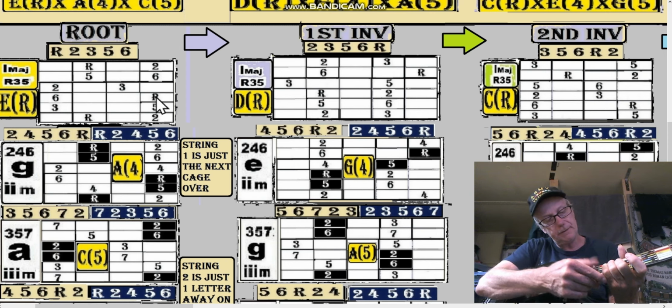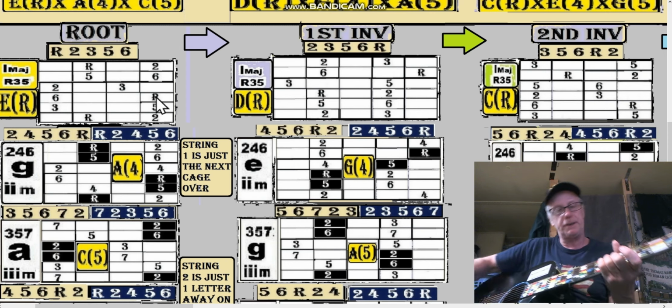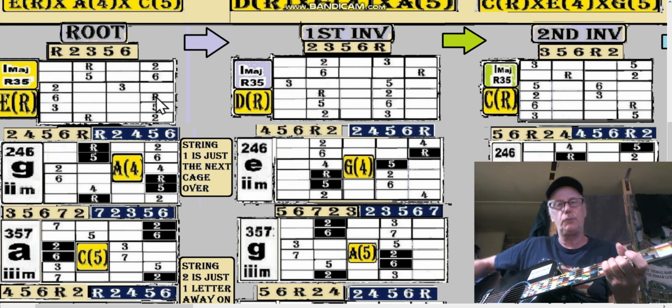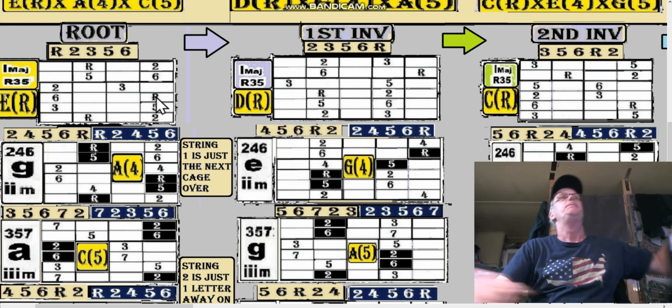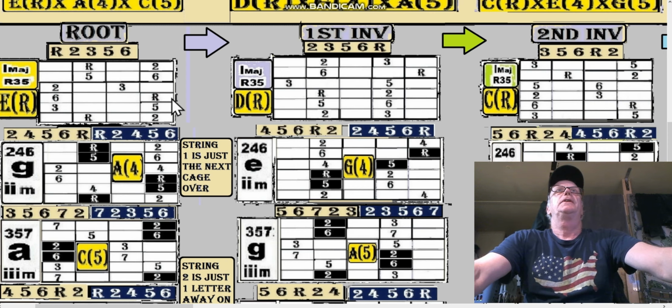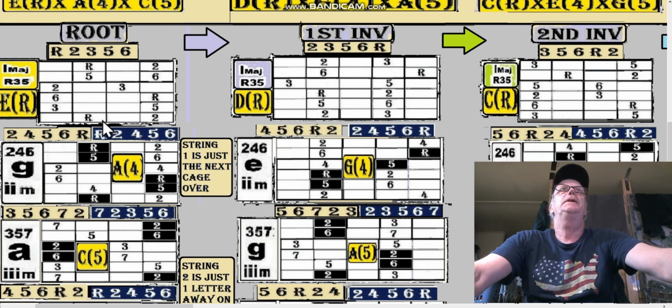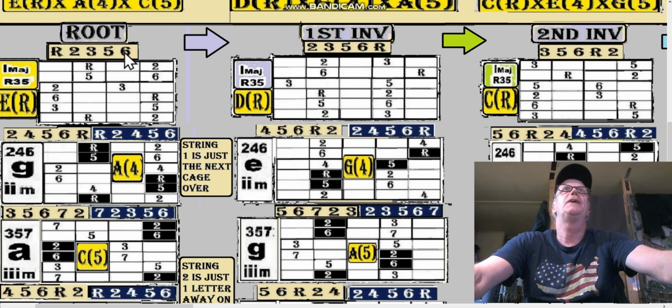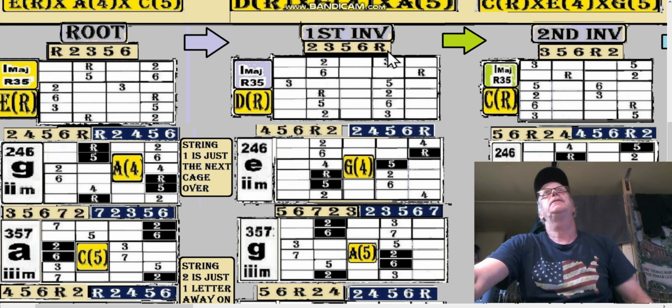That's a good way to get the right finger: just go right up next to it. So the E chord has 3 roots there. So that's the E. The inner note's the root. The outer note's the 2, and in the next inversion of that, root 2, 3, 5, 6 is 2, 3, 5, 6, root.